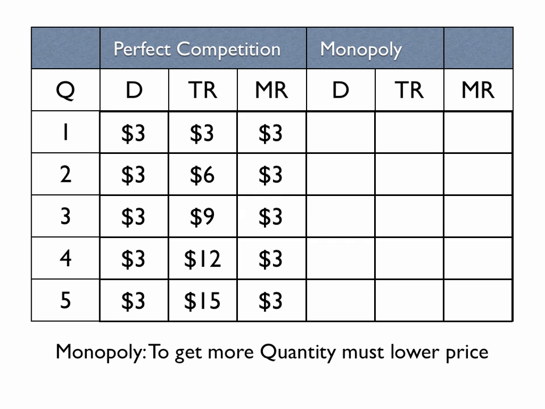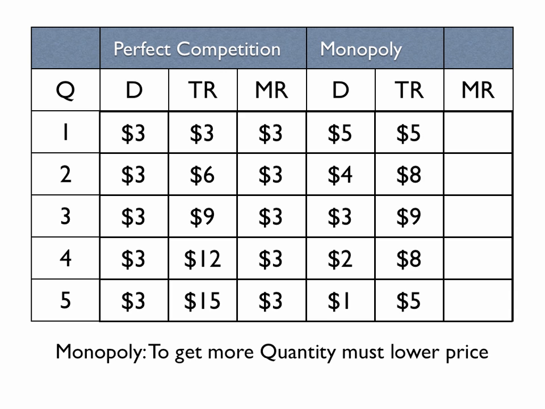Now when we look at a monopoly, that demand curve is downward sloping. So in order to increase Q, we've got to lower the price. As we multiply the demand by Q, we see our total revenue column, and then we just subtract the difference as we increase Q. For example, as we go from 1 unit to 2 units, our total revenue increases from $5 to $8, so our marginal revenue is only increasing by 3.